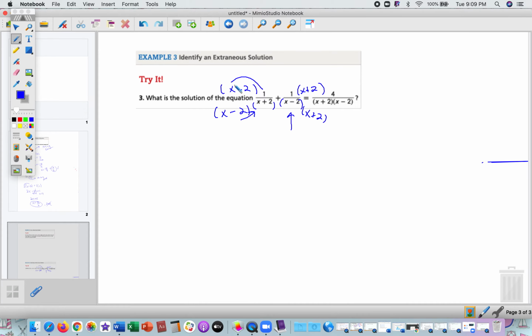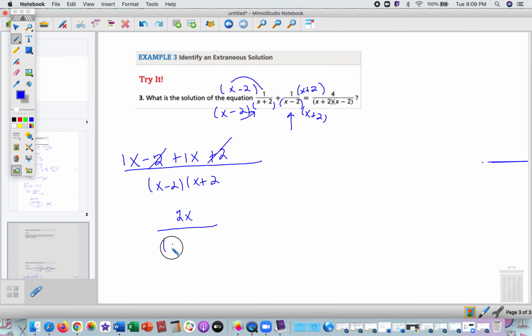Up top here we'd have 1 times x minus 2 plus 1 times x plus 2 over x minus 2 times x plus 2. So our 2's would cancel, and we'd have 2x over the quantity x minus 2 times x plus 2.